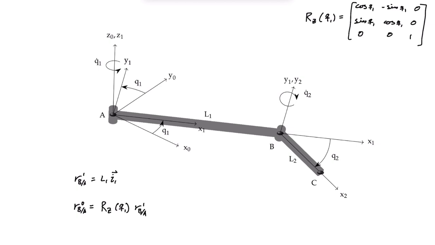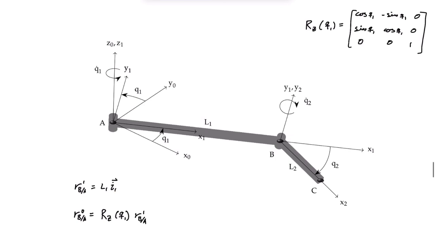If we were to rotate clockwise, we just transpose this matrix, and the minus will be here instead. When we multiply these two together, we will actually just get the first column, because this is in the x position, the first position here. So we will get L1 cos Q1, L1 sine Q1, and then 0.